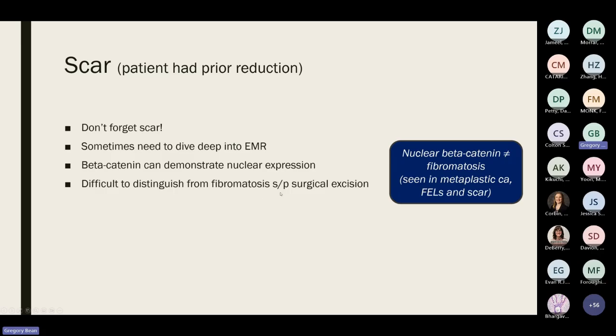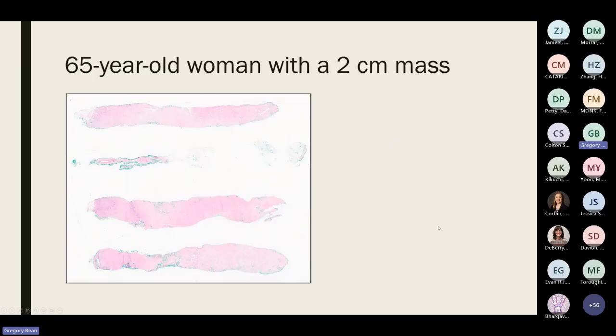You'd have perhaps residual fibromatosis, but now with superimposed surgical site changes like scar, and differentiating those two things is almost impossible, and you can't use beta-catenin most of the time. Thankfully we get these a lot less, but this was a very challenging scenario. And just remember, beta-catenin does not equal fibromatosis.